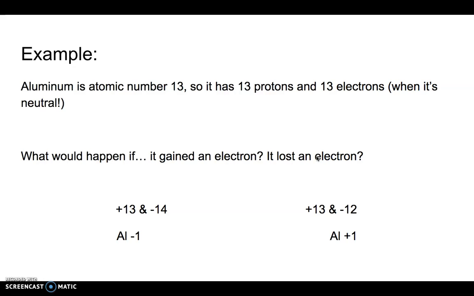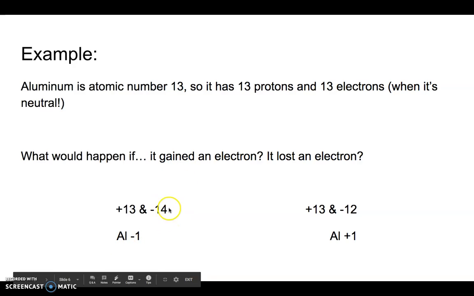And we already know that aluminum is a metal, it's more likely to lose those electrons, but we're just going to play this what-if scenario. All right, so if aluminum gained an electron, you can look down kind of right here. So I have those 13 protons, and now I would have 14 electrons. So I have one more electron than I do protons, which is going to give my aluminum a minus 1 charge, right, for that one more electron that it has.